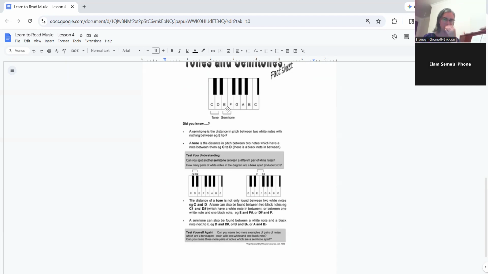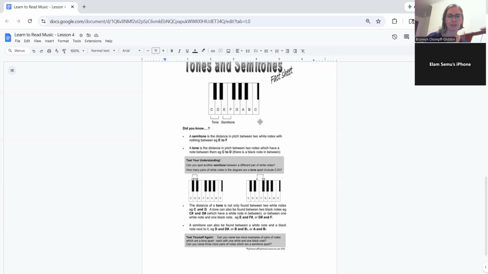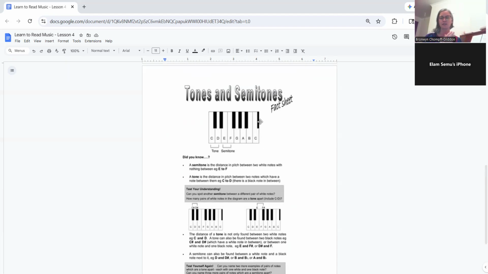The reason this counts is as you're learning the scales and learning the different keys that music is played in, there is a pattern that always remains in a major scale.